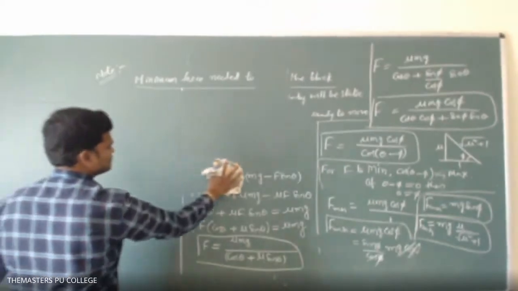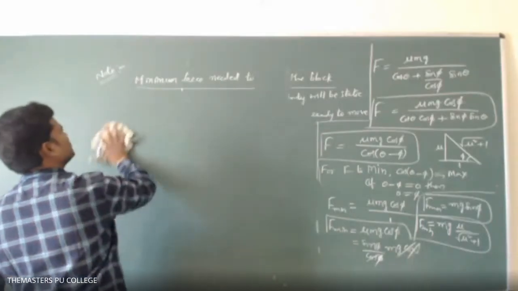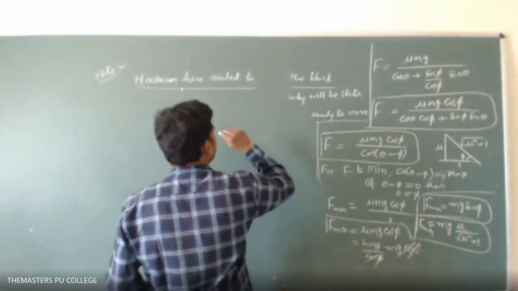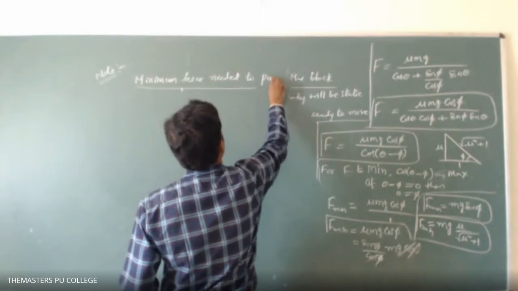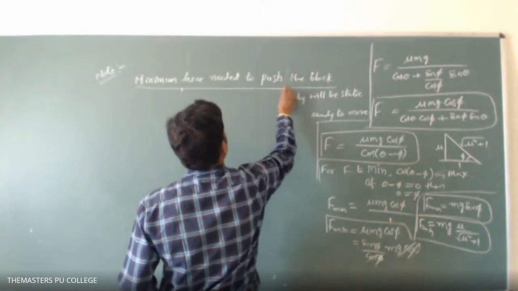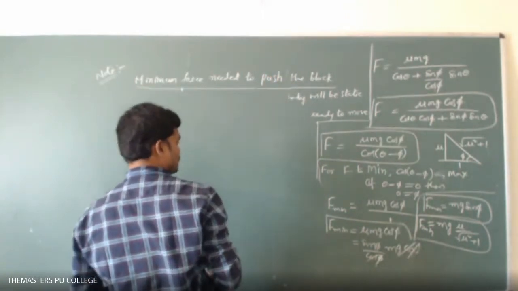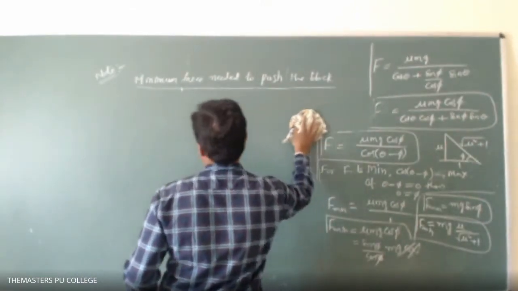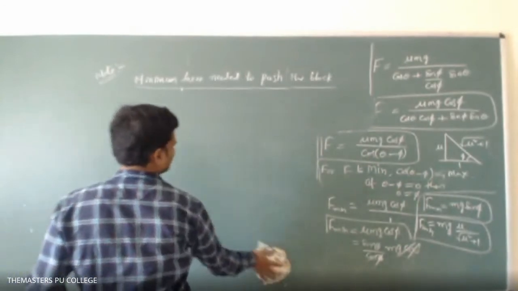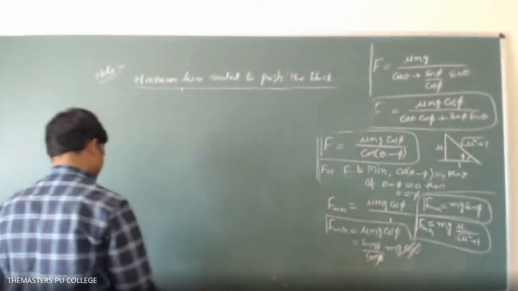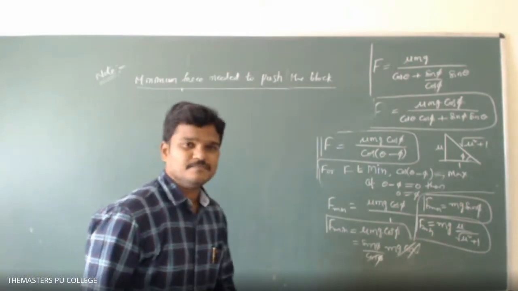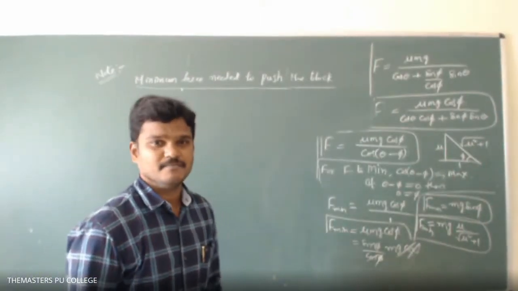Written everyone? Write the heading: minimum force needed to push the block on a horizontal surface. Will you try this derivation? Will you extend the same steps like the previous one?